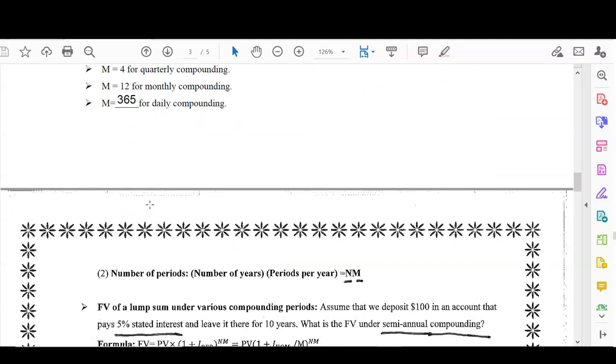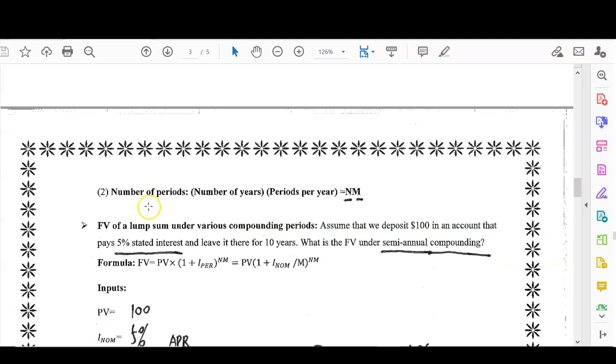After we figure out the periodic rate, we also need to calculate number of periods. We need to use number of years multiplied by periods per year. So we use N, number of years that we've learned in the last 2 videos, multiplied by M, periods per year. For example, if it's 3 years, semi-annual compounding, then we use 3 years multiplied by 2 because we have 2 periods per year.